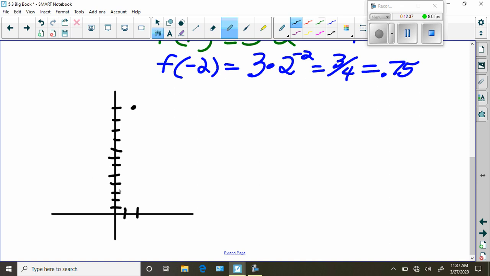And when I was at 0, the answer was 3. And then when I was at negative 2, the value was small. I got to change color of dots here, don't I? The value was like right there. Okay? And then so this guy is exponentially growing like this.